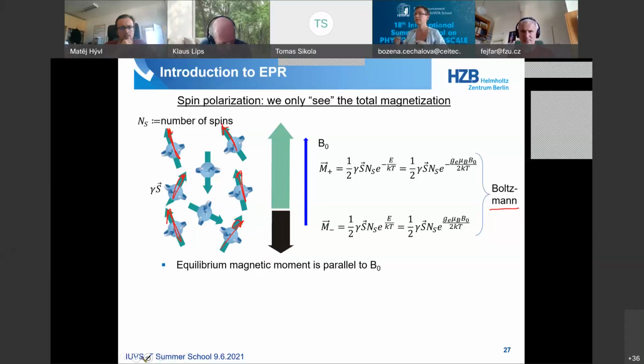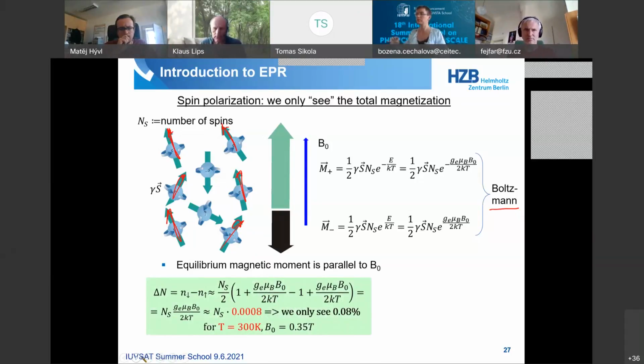And if you do that, what we find is that the occupation difference between those two magnetic moments can be calculated through a Taylor series of this. So we calculate the difference between spin parallel and spin antiparallel with respect to the magnetic field. And we find it is basically the number of magnetic moments, NS, we have in the system. And then there is a factor that is proportional to the magnetic field and anti-proportional to the temperature. Don't mind the details.